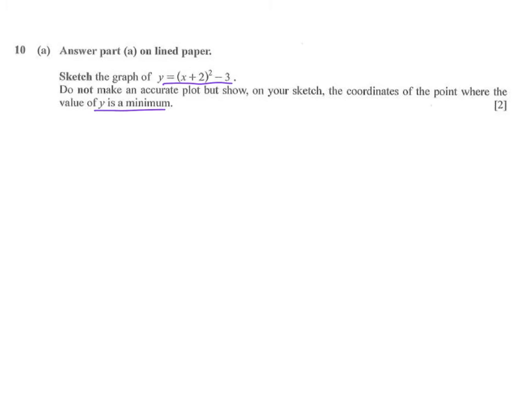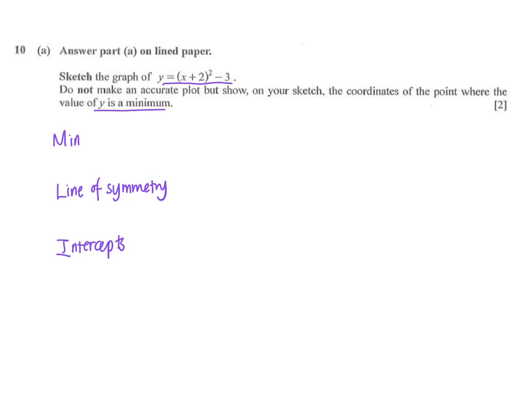So for a completed square form, when we do our sketching, we always start with 3 letters: M, L, and I. M for the minimum or the maximum, so it's minimum in this case, L for line of symmetry, and I for intercepts.